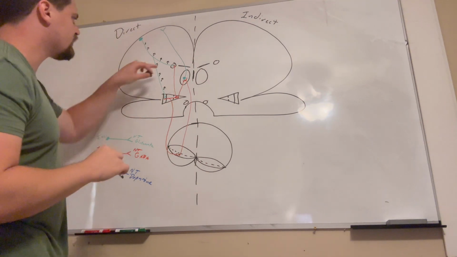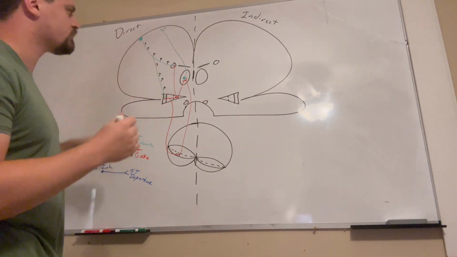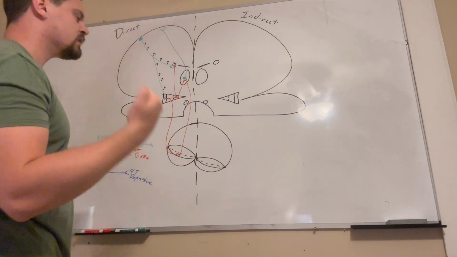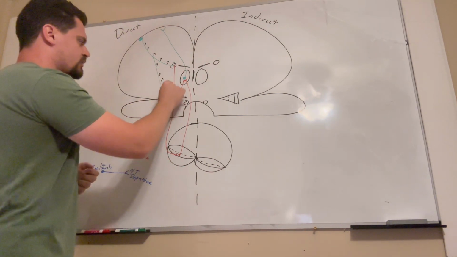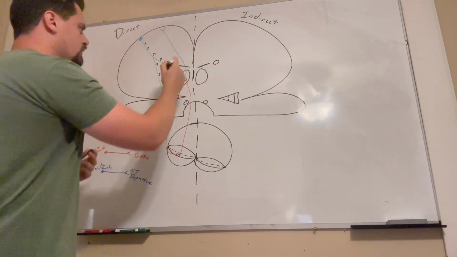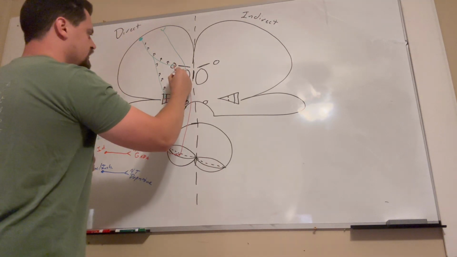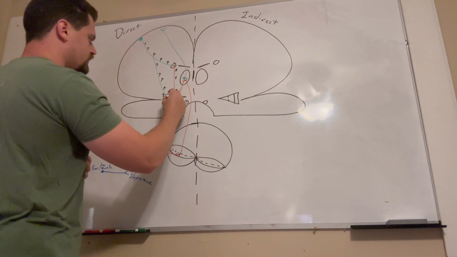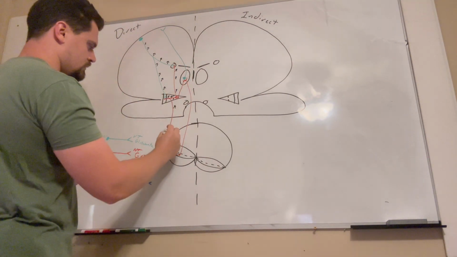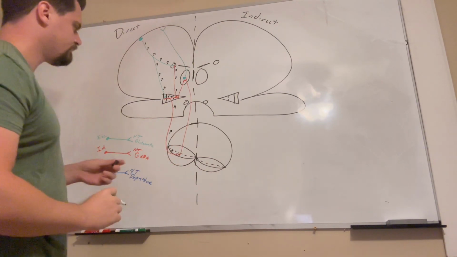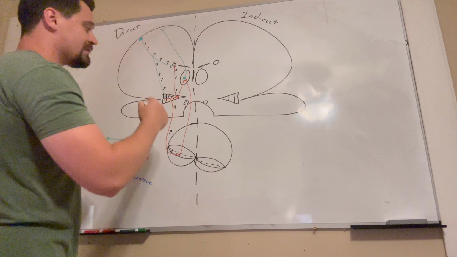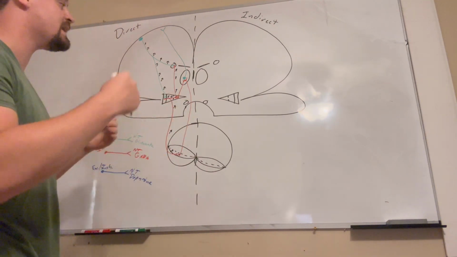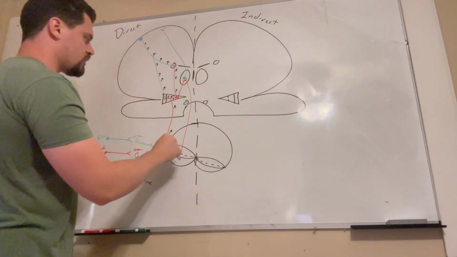But we look at this and we go, well, we're releasing glutamate, which means that we're going to increase these neurons firing. So we go, okay, so these increase. So let's draw little arrows. Okay, and if we increase all of those, then we're going to release GABA, which is going to inhibit the next neuron that it goes to.